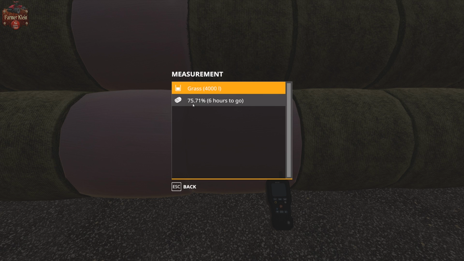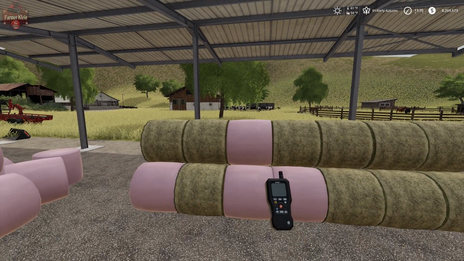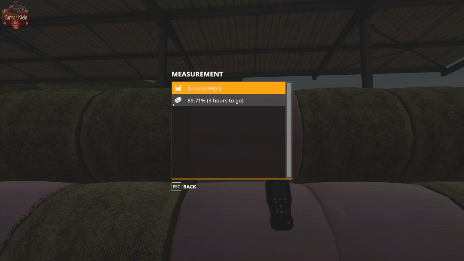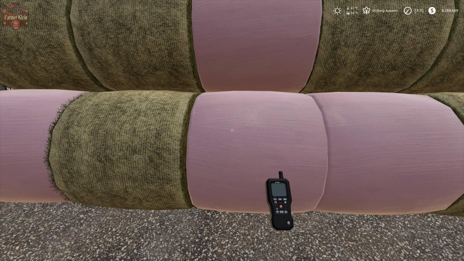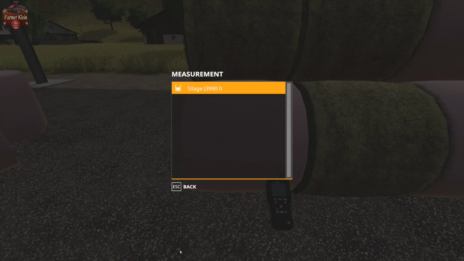And we can see that this particular silage bale, well, it's actually wrapped grass. It has 6 more hours to go before it is fermented into silage. So that's rather convenient because, of course, we wrap these at different times of the day. This one has 3 hours to go before it is technically silage. And that one's good to go.